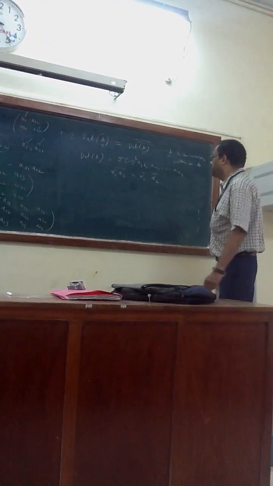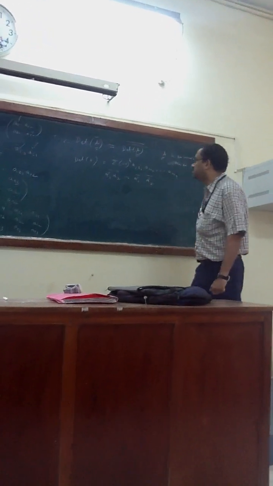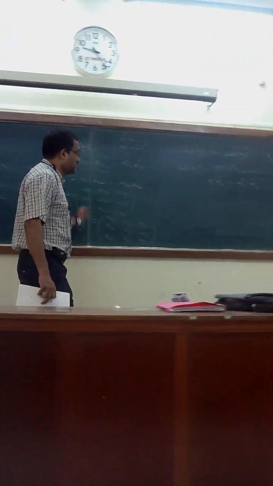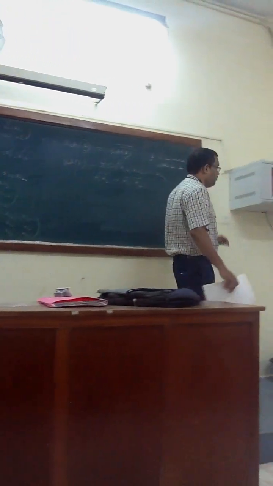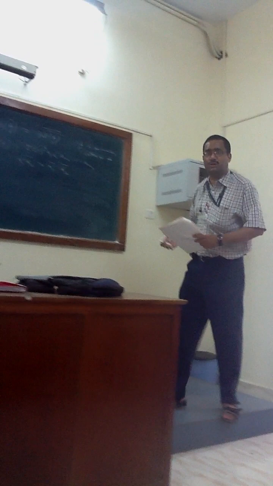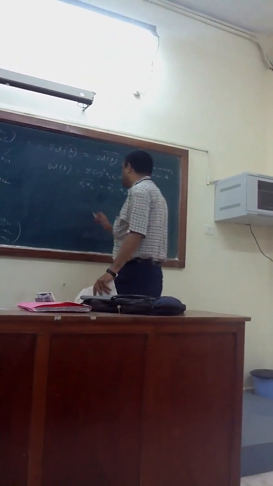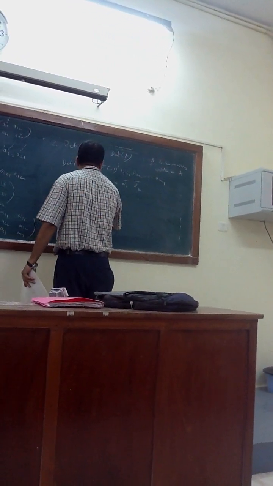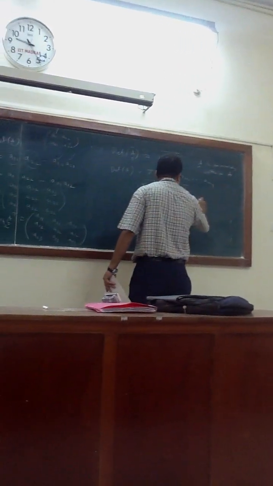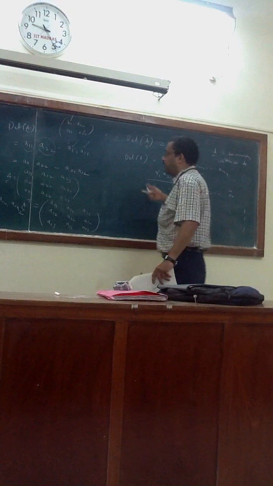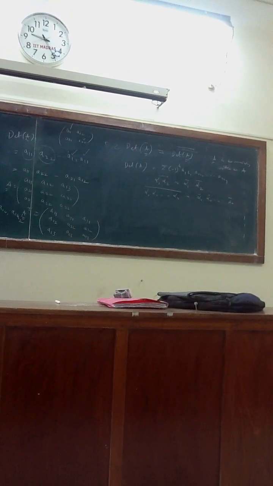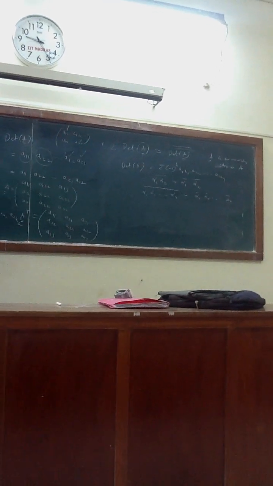That means if you take the bar of the product or take the bar of the individual elements, you get the same thing. So it is a one step process. That is, alpha 1, alpha 2, up to alpha n, whole bar, is alpha 1 bar, alpha 2 bar, up to alpha n bar. Clear? Okay. Third property.